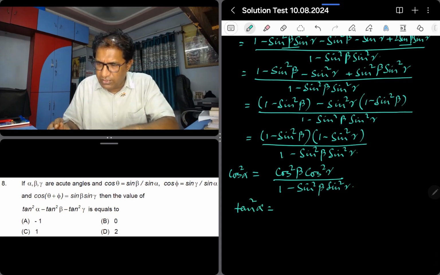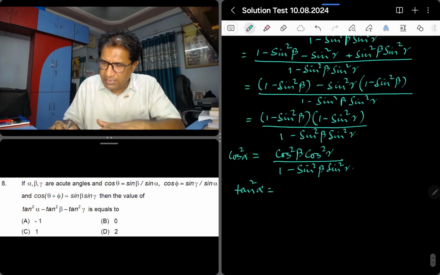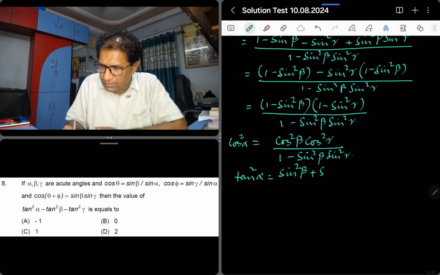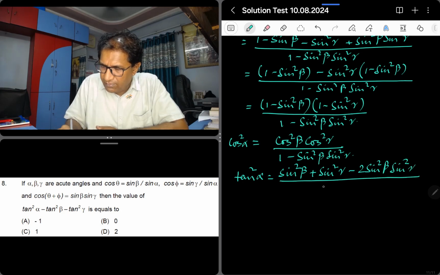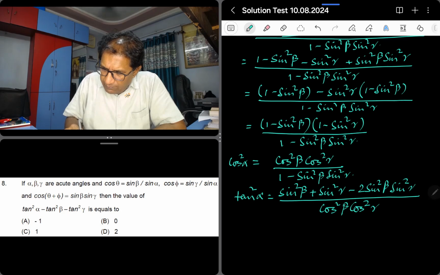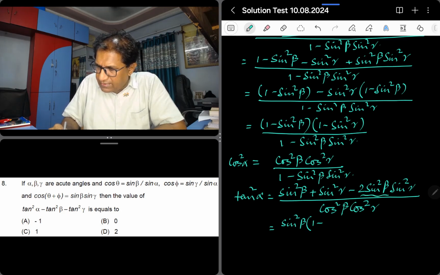tan square alpha, which is your sine square beta plus sine square gamma minus 2 sine square beta sine square gamma divided by cos square beta cos square gamma. That's it. Now let me do one thing. I'm taking sine square beta common, so it will be 1 minus this 2 sine square beta sine square gamma.